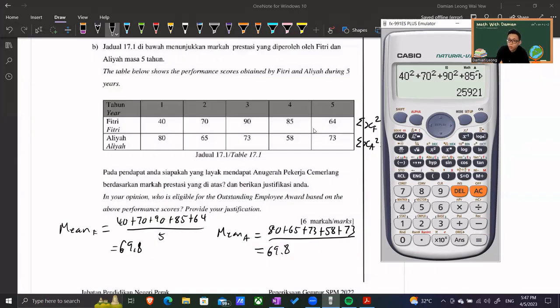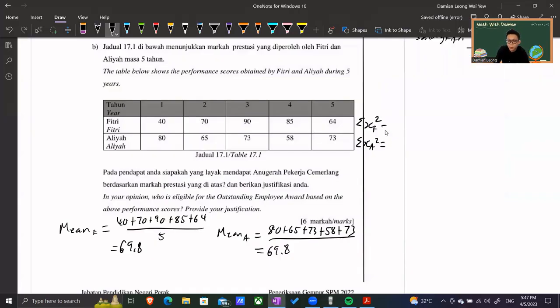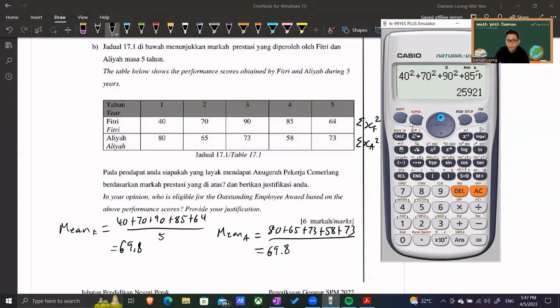Add together: 25,921. For Alia, 80 squared plus 65 squared, 73 squared, 58 squared, 73 squared: 24,647.